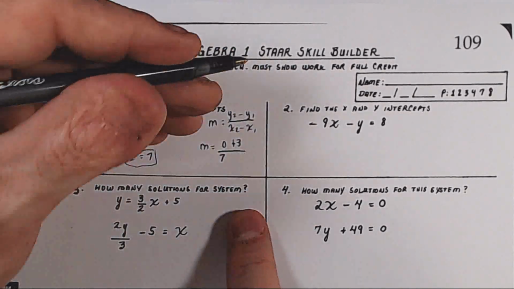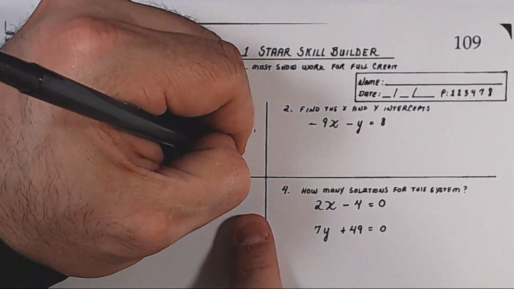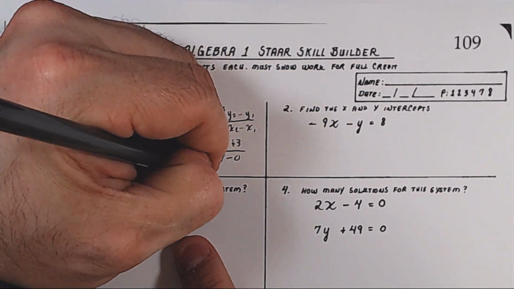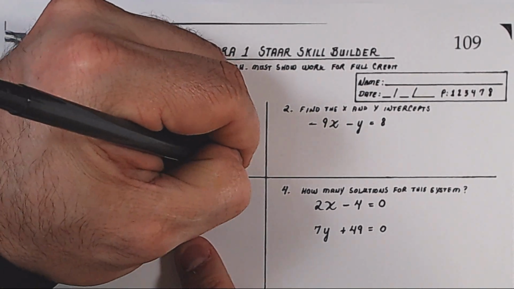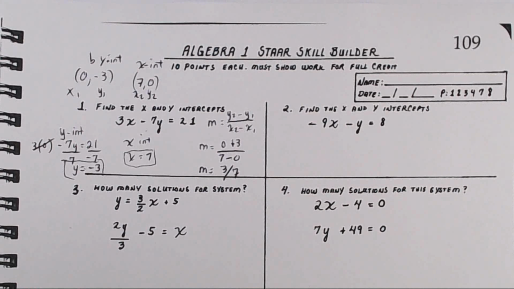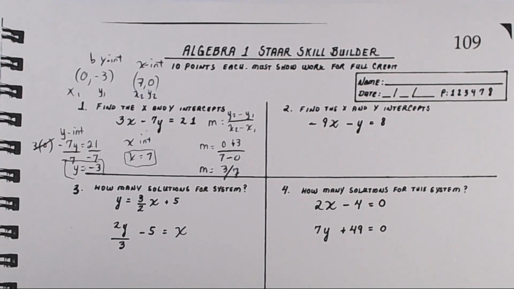So I have 0 plus 3 over 7 minus 0. That means the slope of the line is 3 over 7. You see how that works? That's how you solve these problems, and if you can do that, you can do all the builder problems.